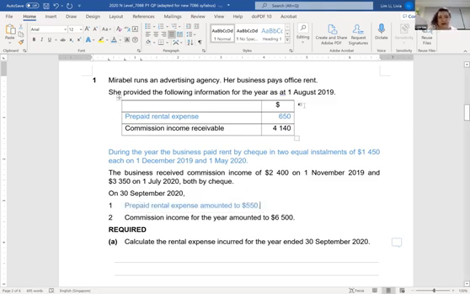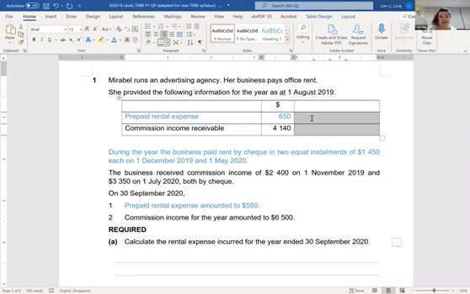So firstly, I'm going to consider this prepaid rental expense. What is the prepaid expense? This prepaid expense is at the beginning of the year, so it is actually last year's prepaid expense. Have you used it last year? It was paid last year, but not used last year.